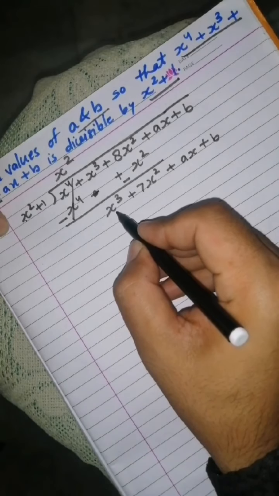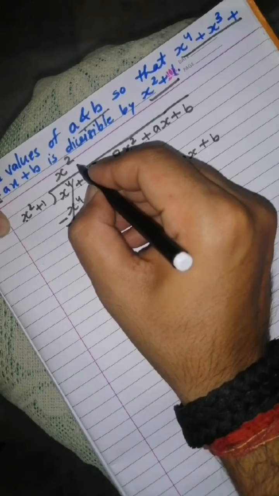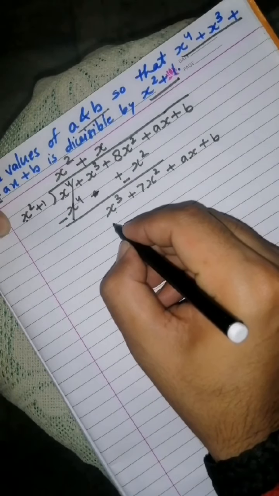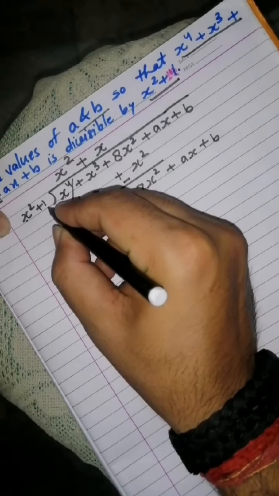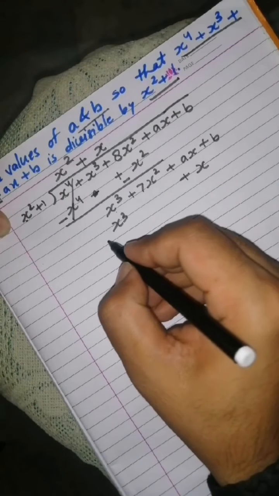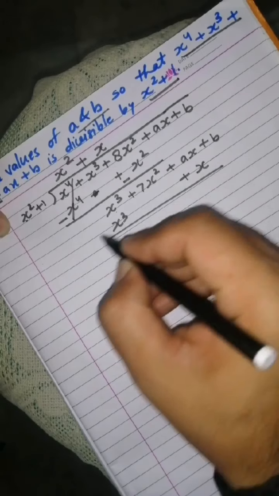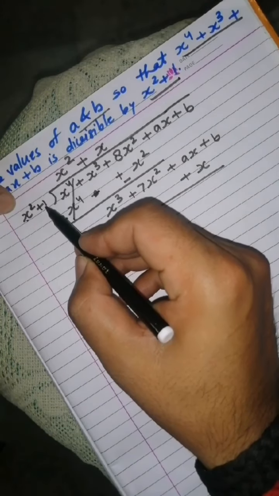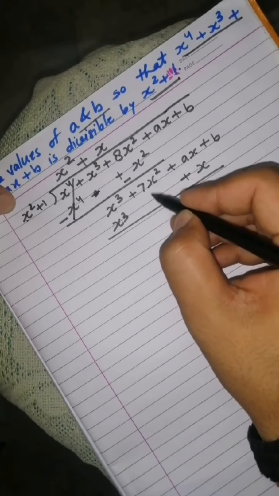Now again it is x cube, it is x square, so multiply plus x multiply by x square, it will be x cube, x multiply by 1 plus x. Now again we have to subtract. Dear students, please remember one thing, if it is x, then we have to write below the x, not below x square.